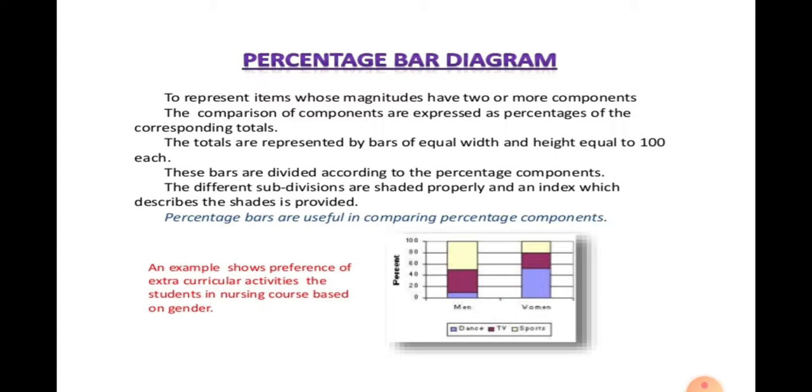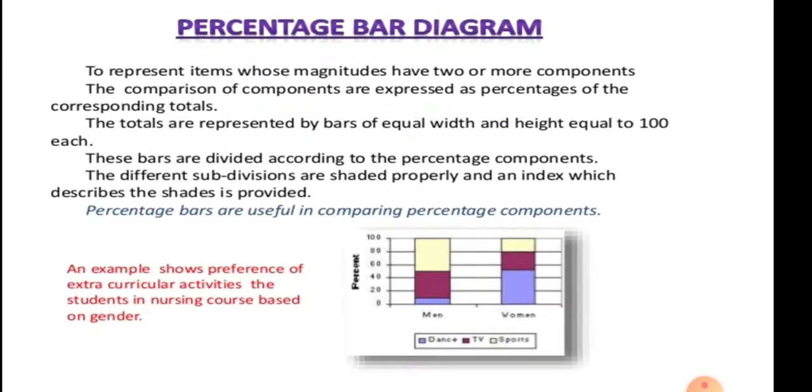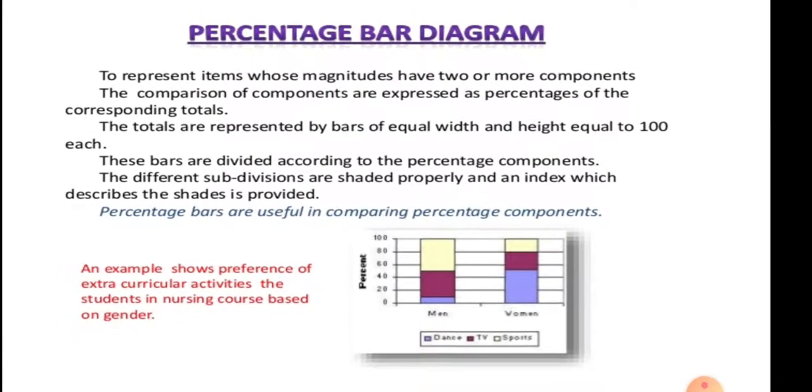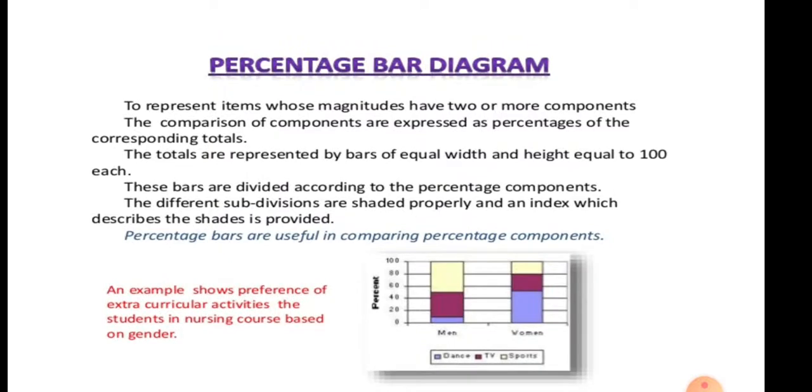These bars are divided according to the percentage component. The different subdivisions are shaded properly and an index which describes the shades is provided. Percentage bars are useful in comparing percentage components.